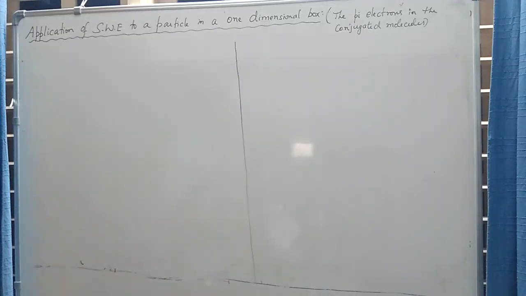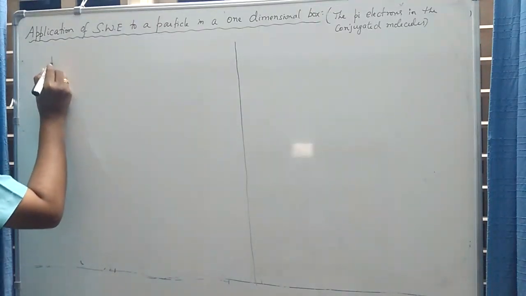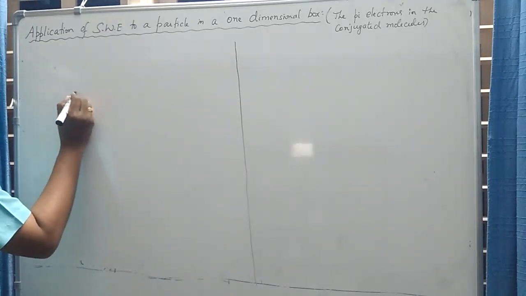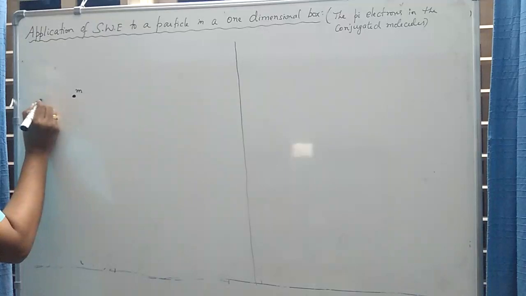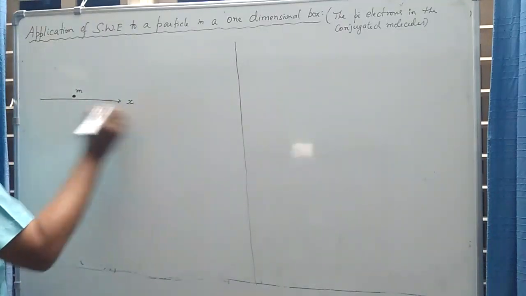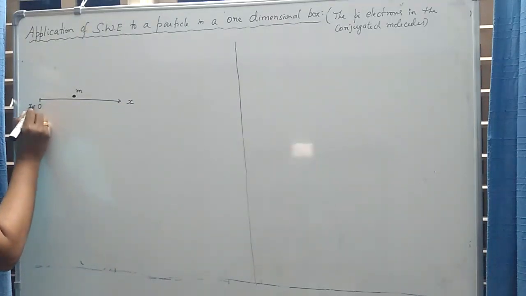So first, let us define what we mean by a particle trapped in a one-dimensional box. You have a particle of mass m traveling along the x-axis. Let us take the origin, x is equal to 0.